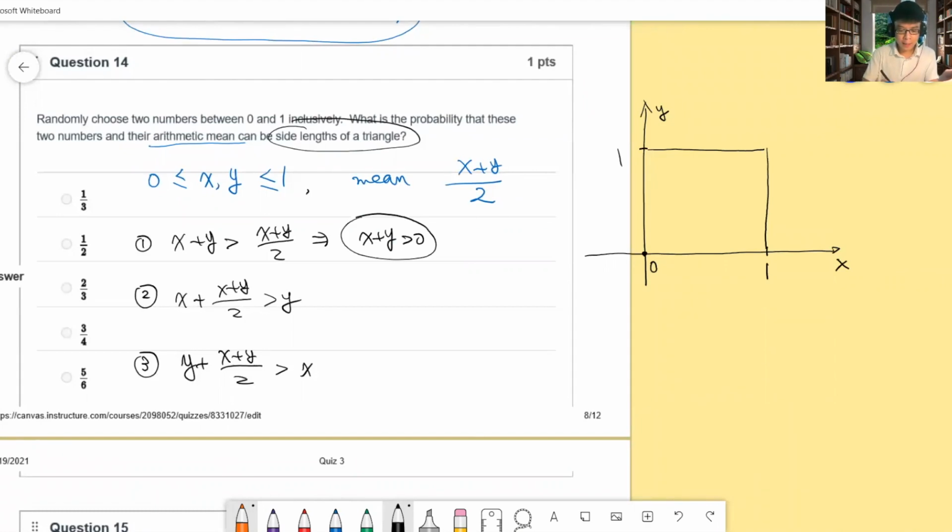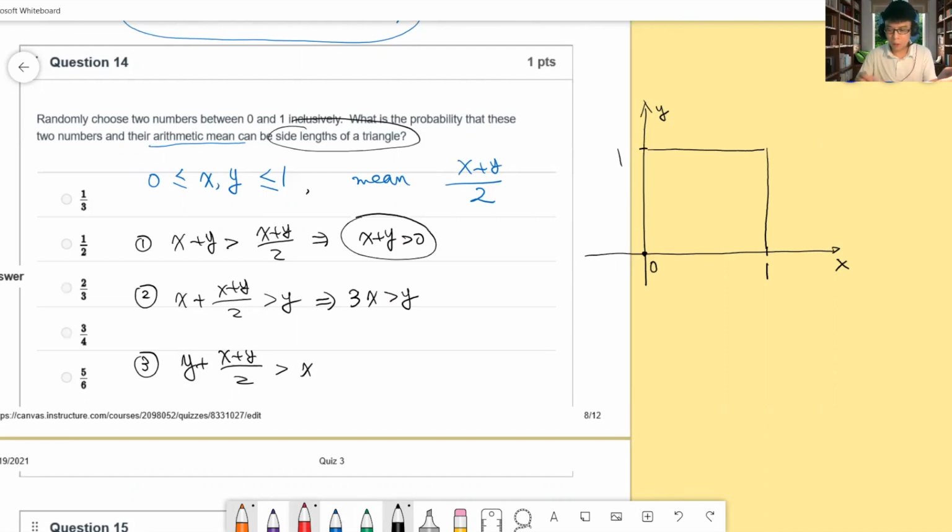Right. And the next requirement corresponds to, let me multiply by 2. So 2x plus x, 3x plus y larger than 2y, or basically 3x larger than y. So that means y is less than 3x.